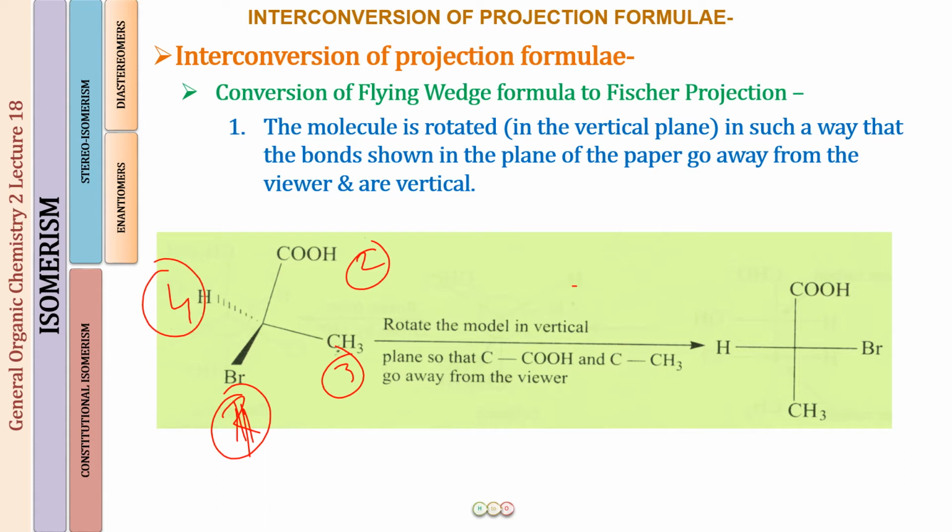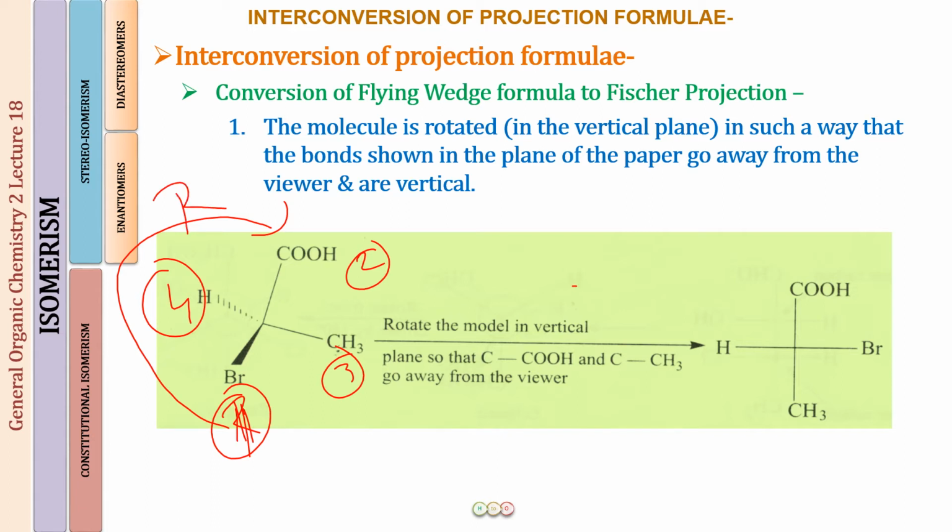So in a flying wedge projection, the fourth priority group has to be on the dash. Hydrogen is on the dash. So what we have to simply do is make an arrow from 1 to 2, and when we make an arrow from 1 to 2, you have to always cross over 4 and never over the third priority group. So when we do that, the direction of the arrow is clockwise, so the configuration is R.